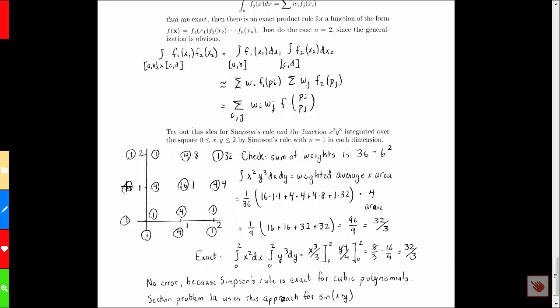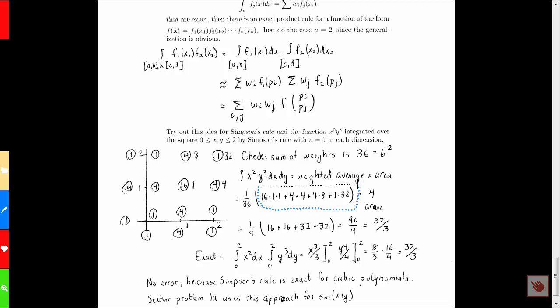It's 4 times 4. Let's test this by approximating the integral of x squared y cubed over a square where x and y both go from 0 to 2. The sum of the weights is 36. It has to be 6 times 6. And there are only 4 places where the function value is different from 0.